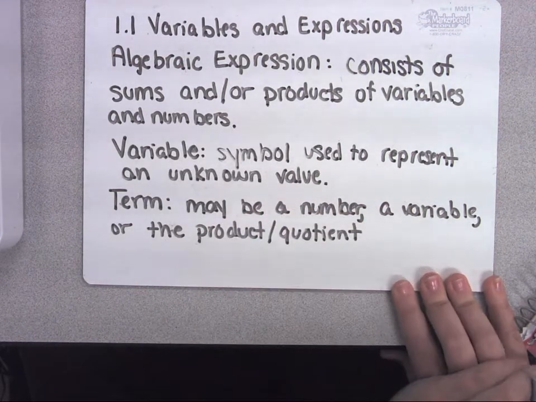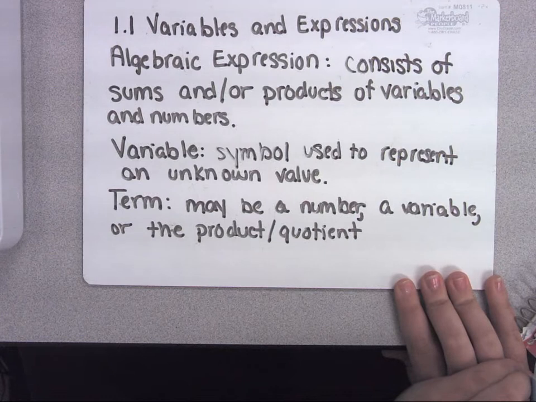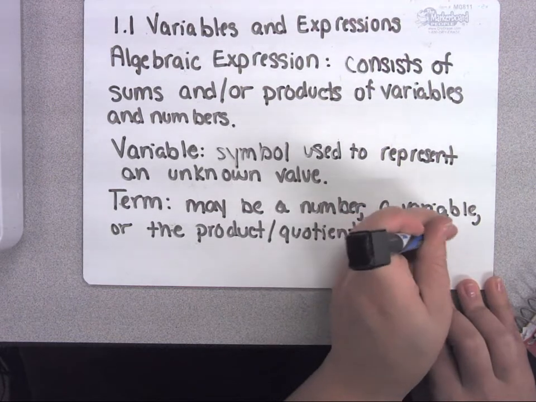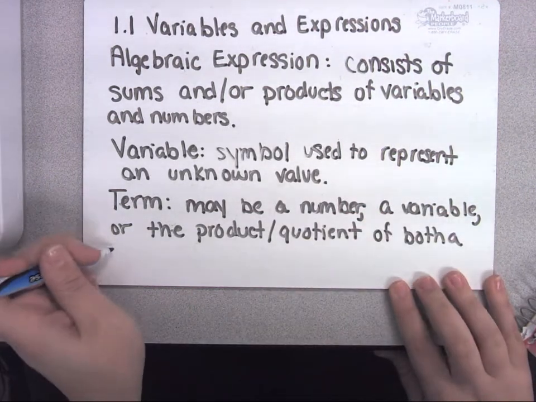It is spelled above if you can't spell it. Quotient of both a number and a variable.